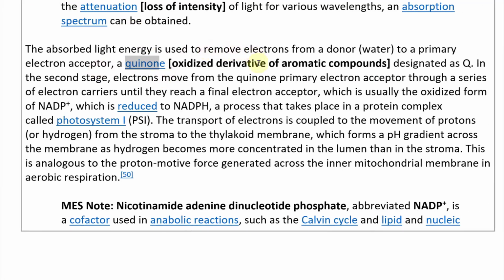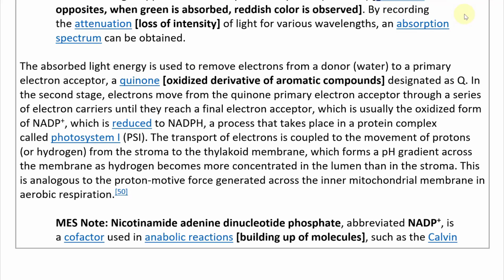So absorbed light energy is used to remove electrons from a donor, water, to a primary electron acceptor, a quinone, and this is the oxidized derivative of aromatic compounds designated as Q. Now in the second stage of photosynthesis, electrons move from the quinone primary electron acceptor through a series of electron carriers until they reach a final electron acceptor, which is usually the oxidized form of NADP+, which is reduced to NADPH, a process that takes place in a protein complex called photosystem I, or PSI. So this oxidized form here is reduced by gaining electrons to NADPH.